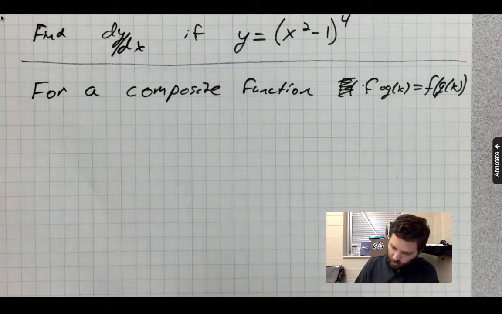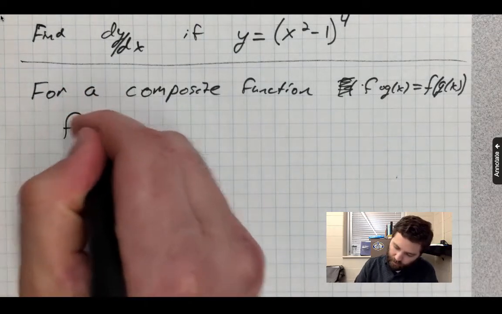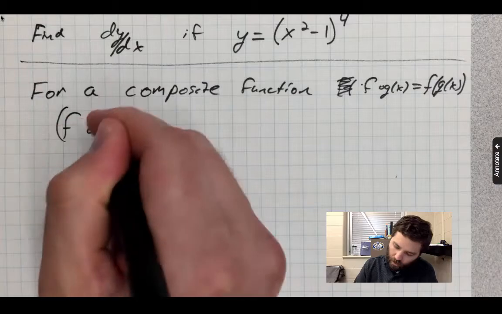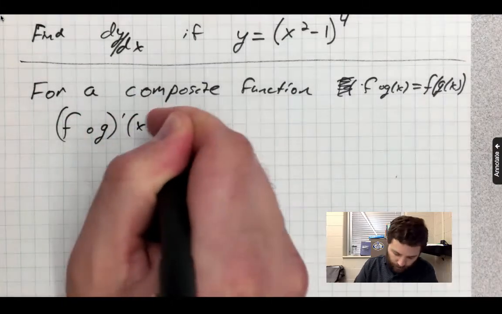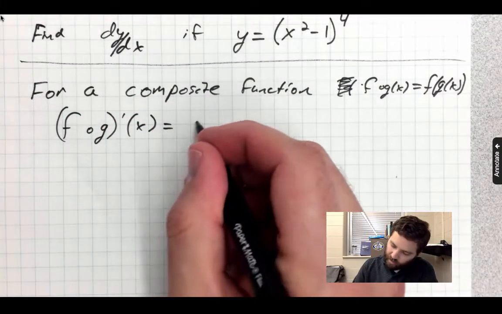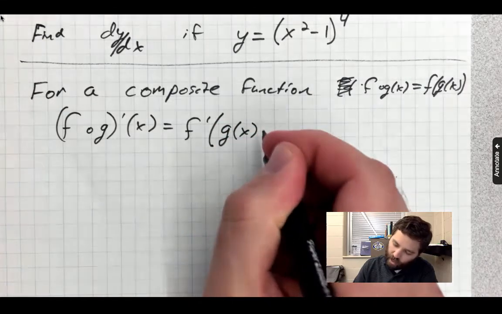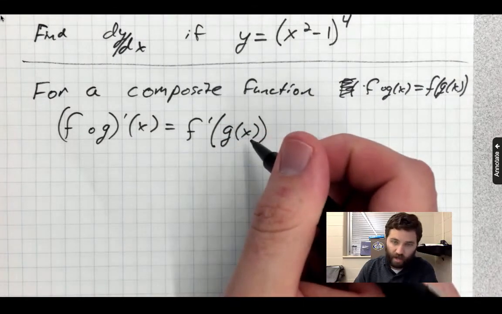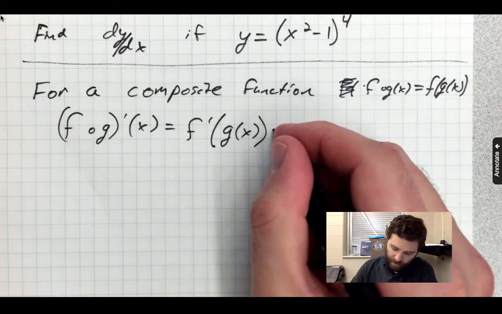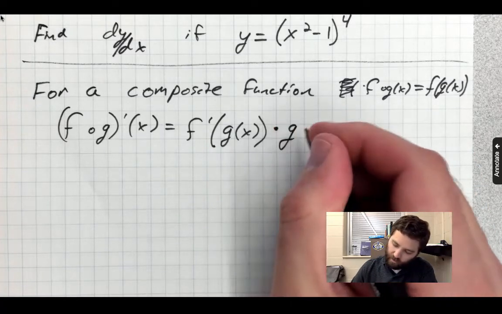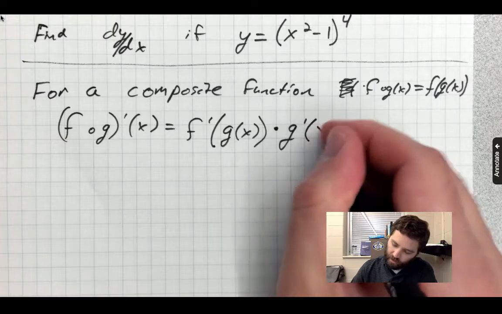Here's the rule. The derivative of f of g is equal to the derivative of the outside function, leaving the inside alone, so f prime of g of x inside, times the derivative of the inside function.